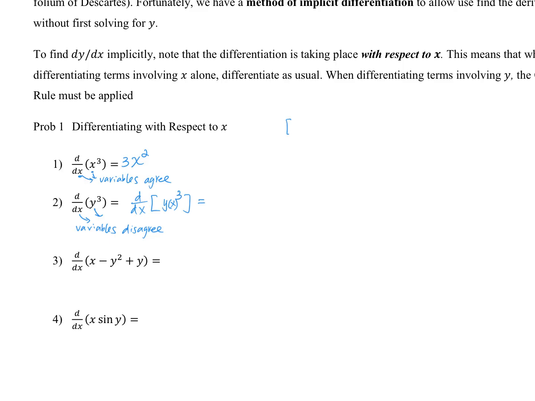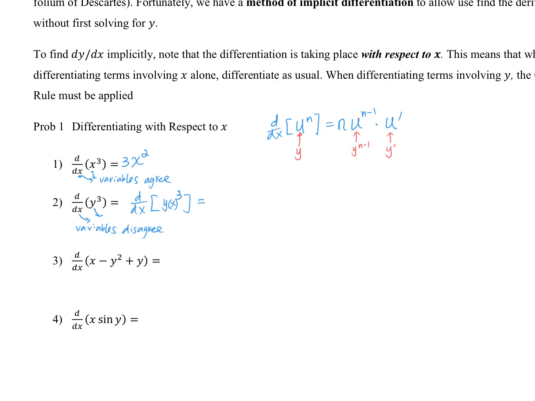We do know that when we have u to the n and differentiate it, we use the general power rule: n times u to the n minus 1 times the derivative of u. In our example, u is going to be y, the derivative is y prime, and this will be y to the n minus 1.